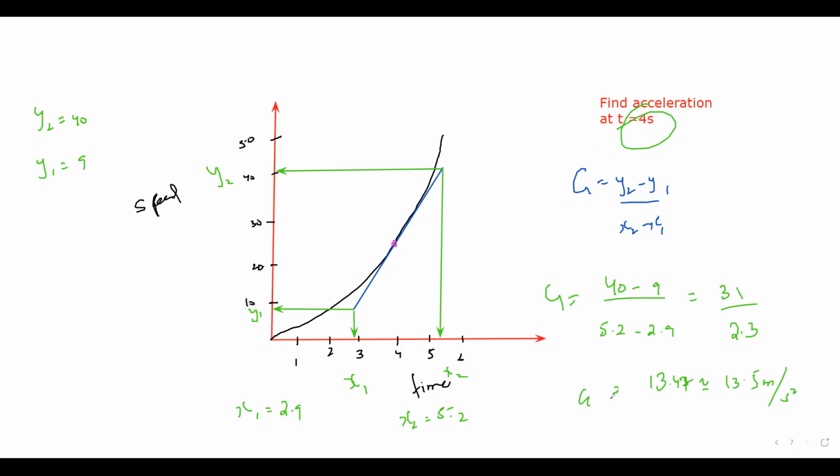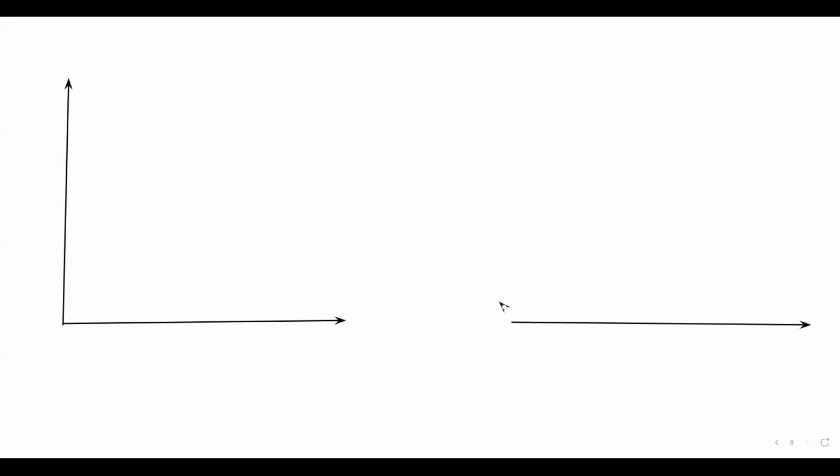Another thing which we can calculate, so what we do simply, I'll repeat. For example, we have two different graphs, but this is for a non-linear graph. For a linear graph, we can directly use a formula, we don't have to use a gradient. But for a non-linear graph, non-linear means when the graphs are curved. So you have a speed-time graph, here also a speed-time graph.